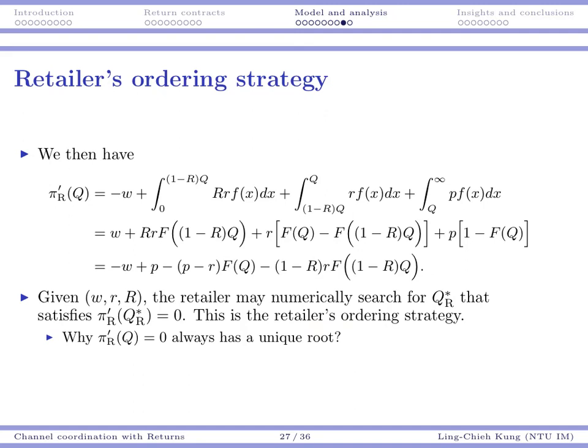What you should do before that is to make sure that pi r of q is concave. So you probably want to verify the second order derivative of this particular function. Differentiate this again with respect to capital Q to see whether the second order derivative is really negative.